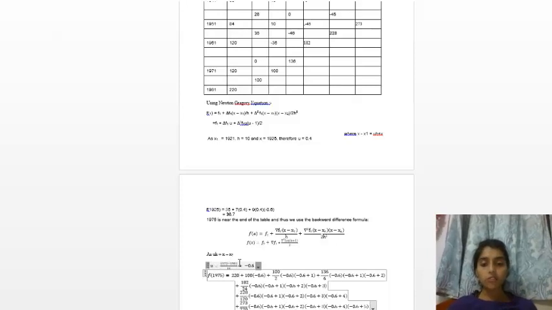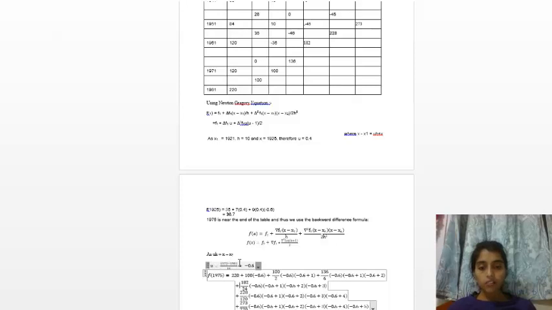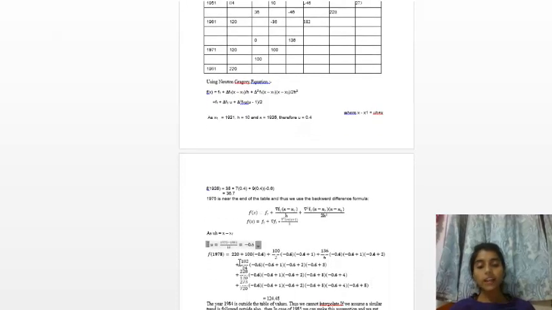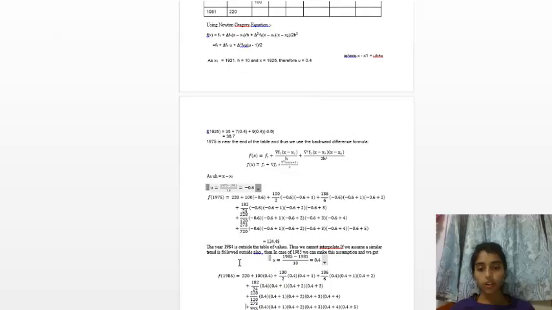Now putting the values of u, h, x7 in the above formula, we get f of 1975 is equal to 220 plus 100 into minus 0.6 plus 100 by 2 into minus 0.6 into minus 0.6 plus 1 plus 136 by 6 into minus 0.6 into minus 0.6 plus 1 into minus 0.6 plus 2. On solving this, we get the population in year 1975 as 124.48.